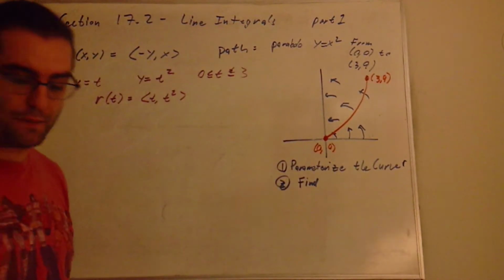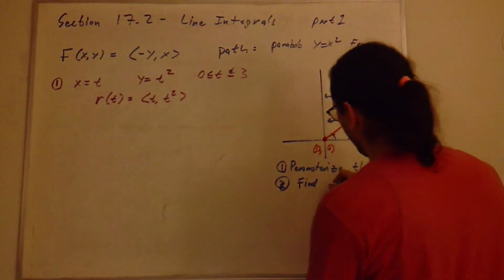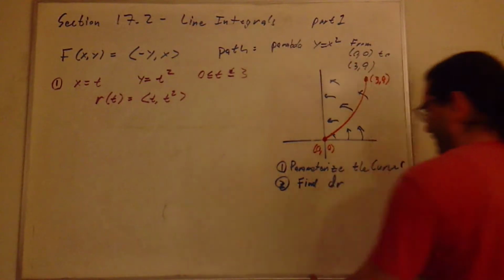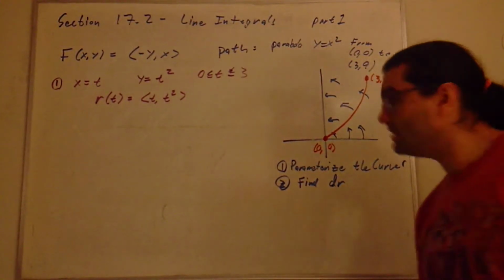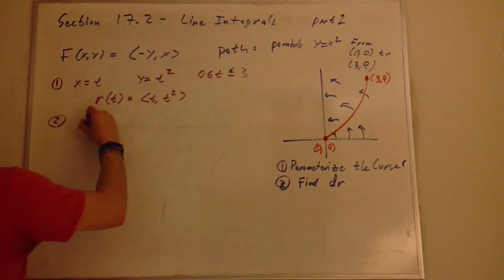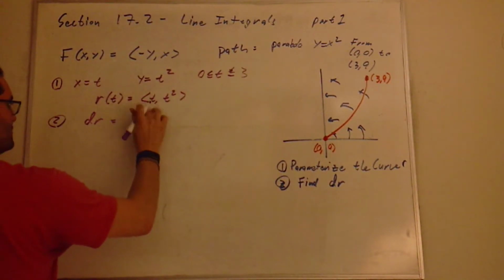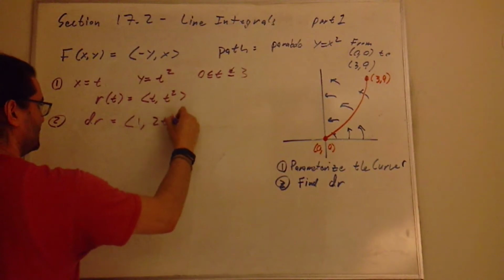So to do that, once we have our r, we're going to find dr. dr, hopefully, is exactly what you'd expect it to be. The derivative of r is, you take the derivative of this, that's 1. You take the derivative of this, that's 2t. That's it.